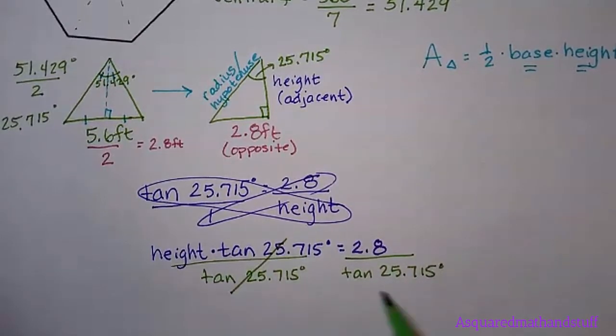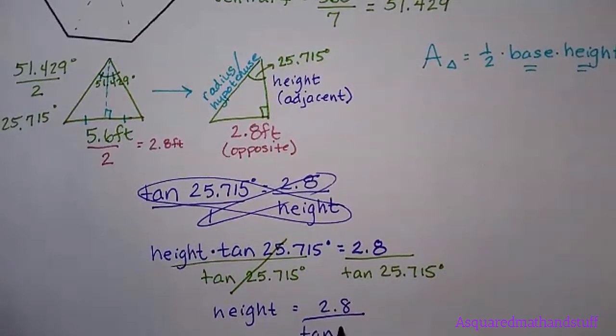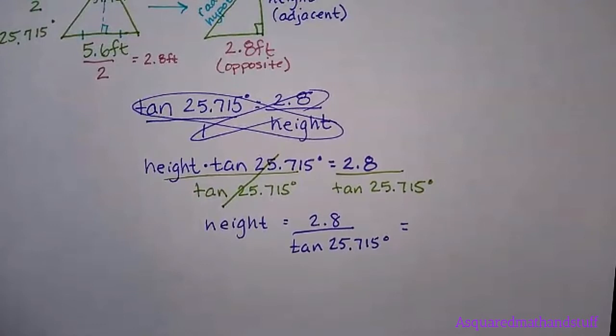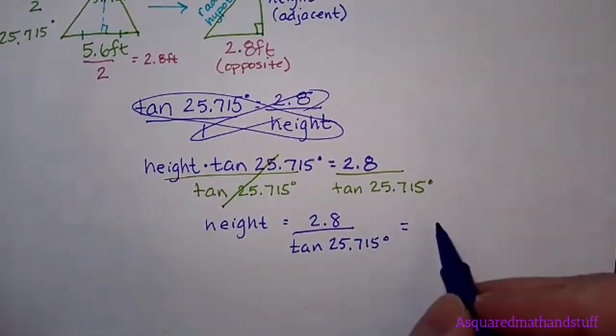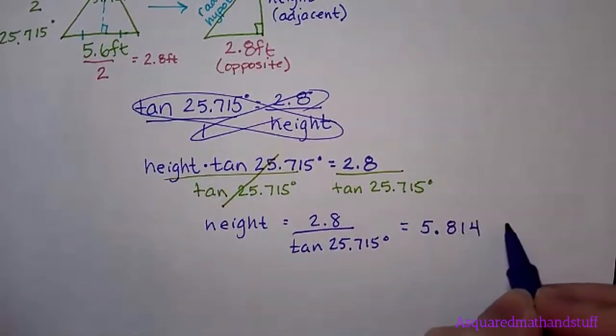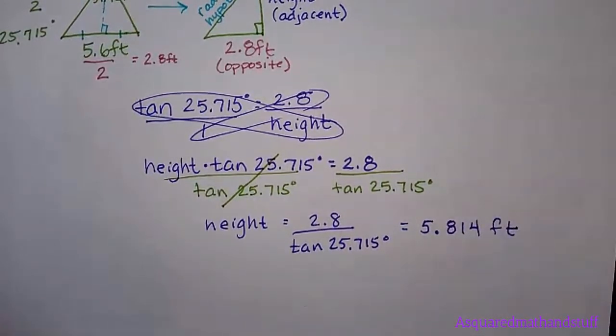These will cancel, and we're left with the height is equal to 2.8 divided by tangent of 25.715 degrees. And that works out to be 5.814 feet. So this is our height.